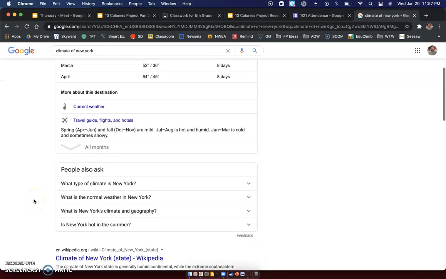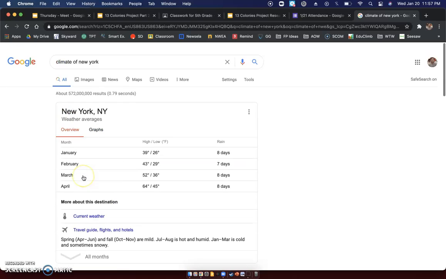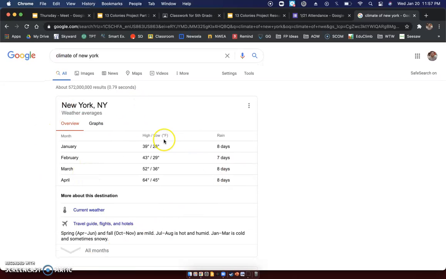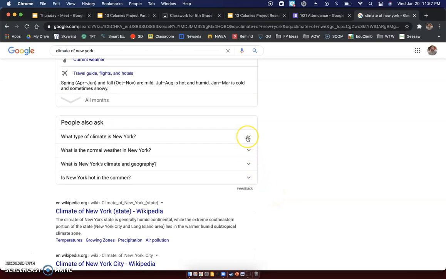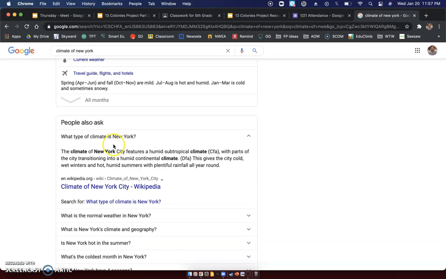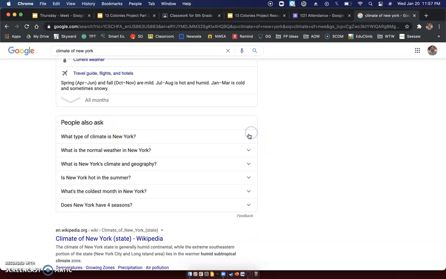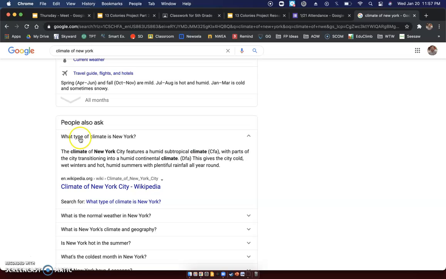All right. So remember here we have a couple different things. Here is the weather averages throughout the year. That's fine, but that's not really what we're looking for. We are looking for something a little bit more about the entire year. And so these people also ask, they'll give us some more information. Like this one here, the climate of New York City features a humid subtropical, some humid continental climate.